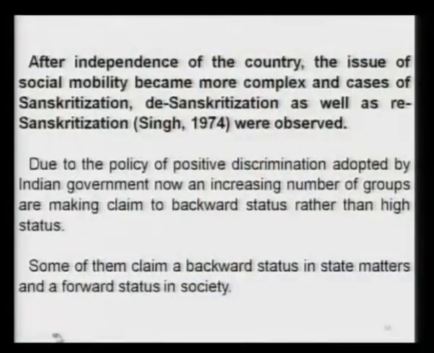Now, due to the policy of positive discrimination adopted by the Indian government, an increasing number of groups are making a claim to backward status rather than high status. That is also a source of, one can say, desanskritization. Some of them claim a backward status in state matters and a forward status in society.